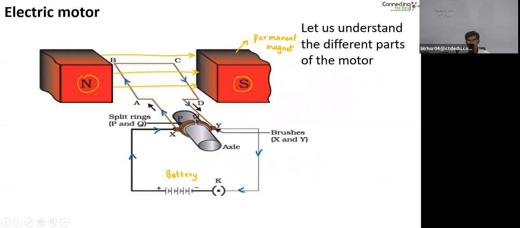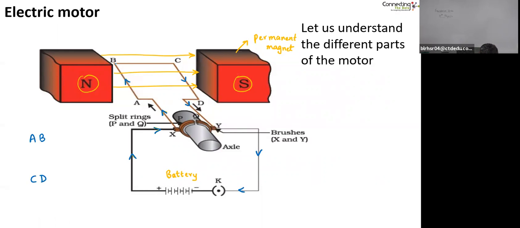Right? So what we have essentially done is put a current carrying conductor in an external magnetic field. Let us apply Fleming's left-hand rule 2 times. Once on the part of the coil labeled AB, and then on the part of the coil labeled CD.